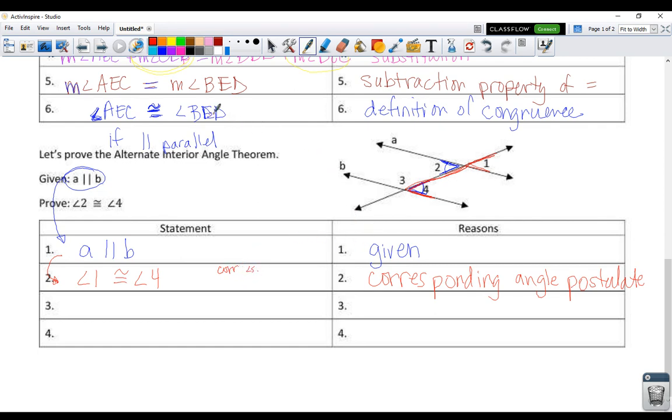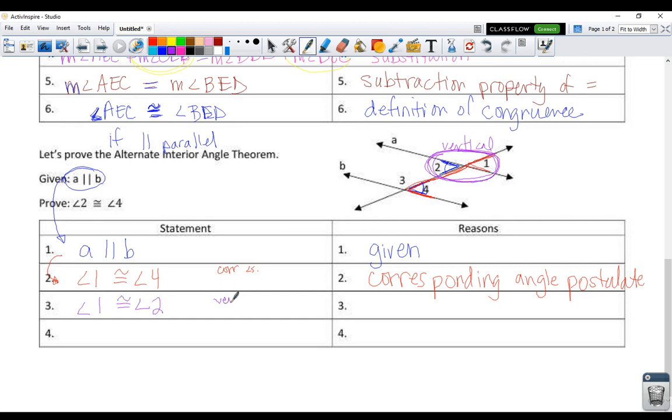Now looking at your picture, what else is congruent? From our steps up above, hopefully you're recognizing angle 1 and angle 2. Angle 1 and angle 2 are never not congruent. These are vertical angles. So from before, we can say that angle 1 is congruent to angle 2.